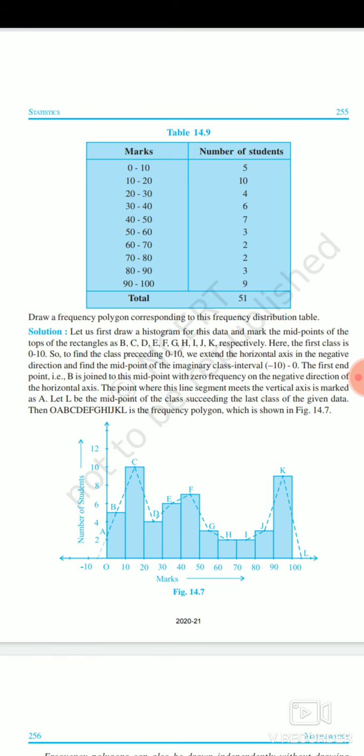Now for 0 to 10 you have 5, so draw one rectangle. Next 10, one rectangle, like that draw the bars, that is rectangles. Just draw the bar graph continuously without any gap. After that you need to draw the midpoints.